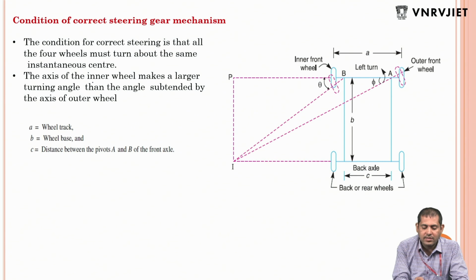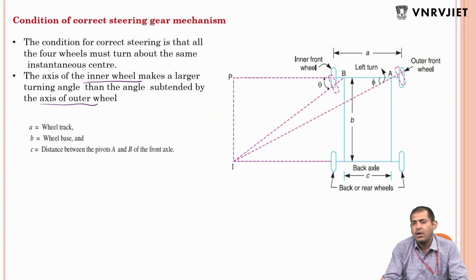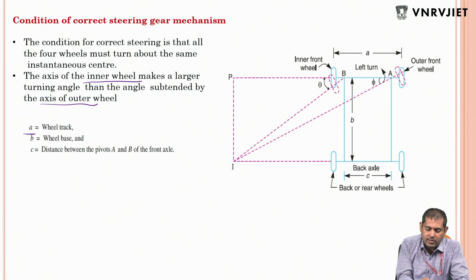The axis of the inner wheels makes a larger turn angle than the angle subtended by the axis of the outer wheels. Here a few points we are going to focus on. First, let us design this vehicle chassis. Here A is the wheel track, the distance between two wheels.